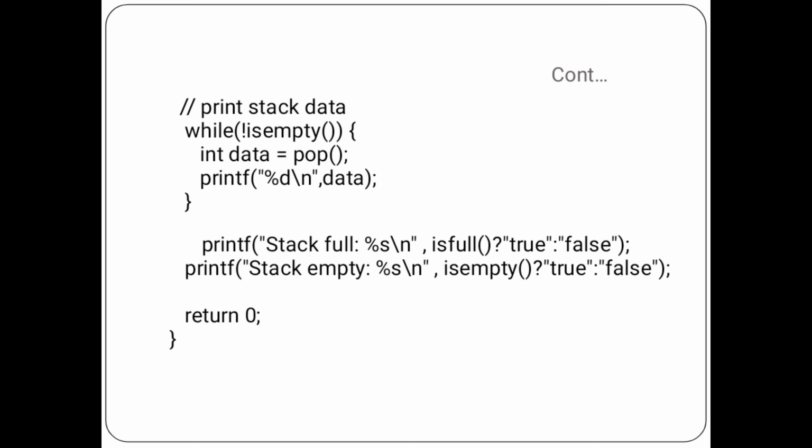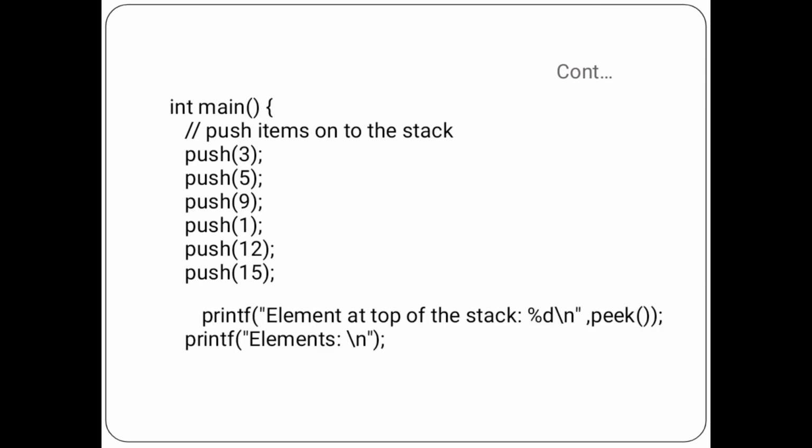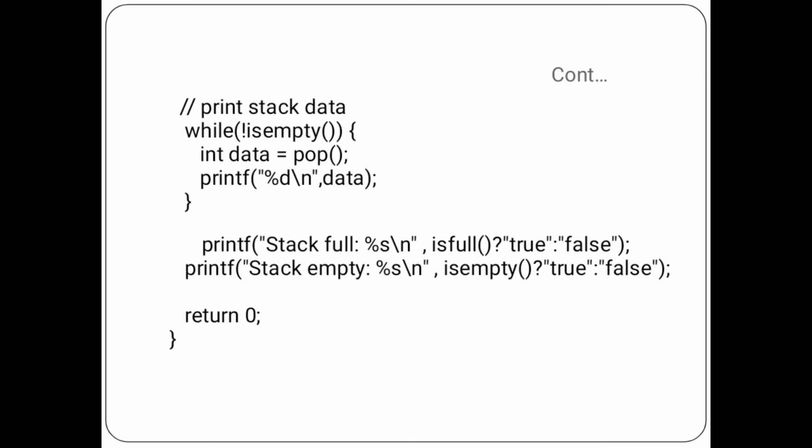No. Why? Because here we took the max size as 8, but we inserted 6 elements: 3, 5, 9, 1, 12, 15. So the stack is not full, the answer is false. Then printf stack empty, is_empty. Is the stack empty? No.